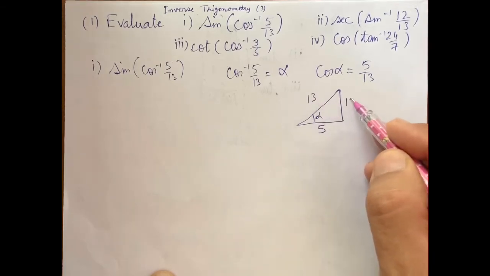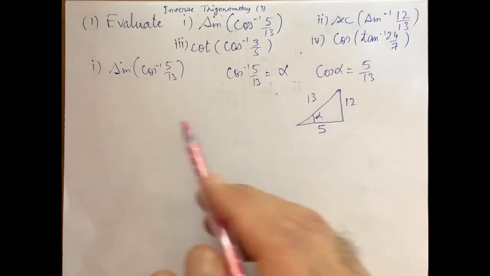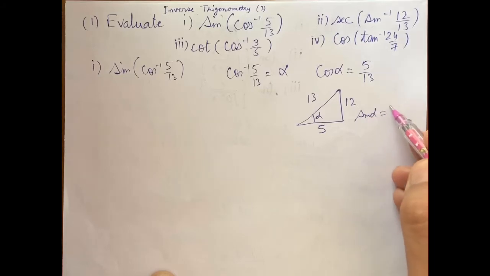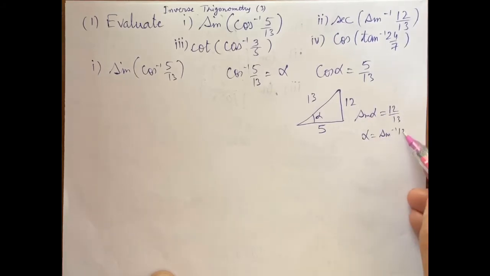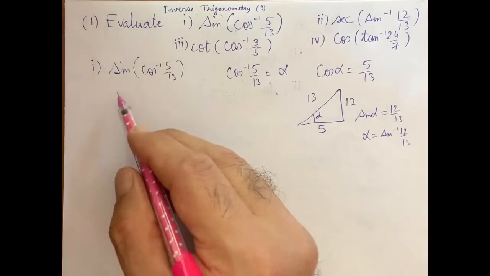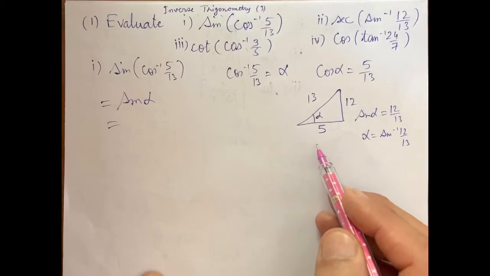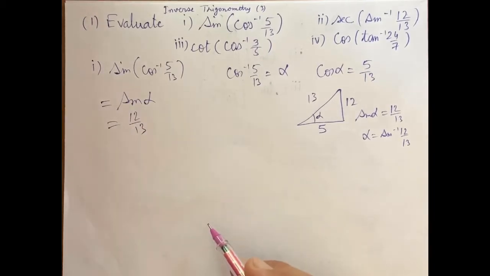Find the perpendicular: square root of 13 squared minus 5 squared, that will be 12. Since outside we have sine, we find sine of alpha, which is 12 by 13, or alpha is sine inverse of 12 by 13. So this is sine of alpha, and the value of sine of alpha is 12 by 13. So this is the answer.